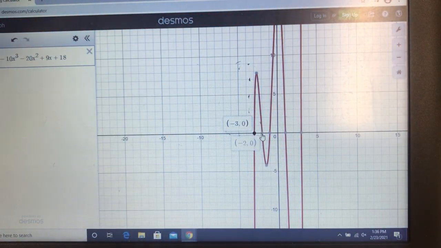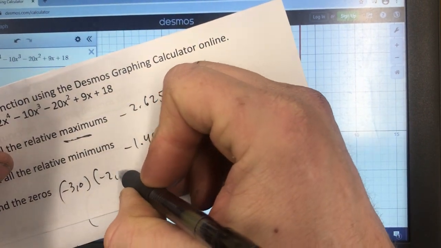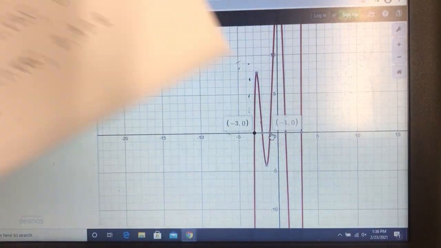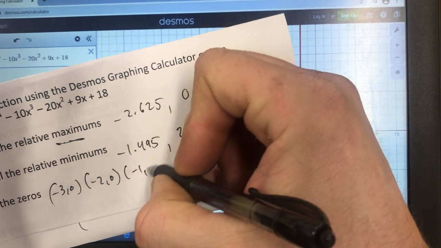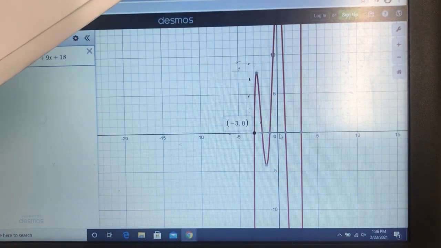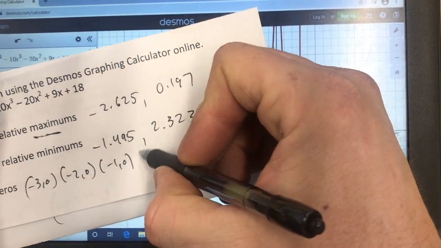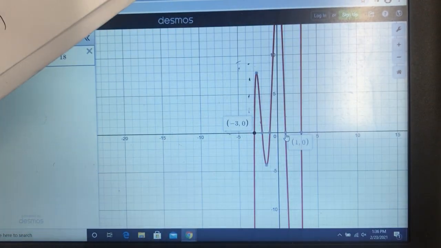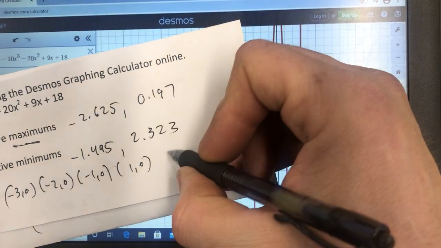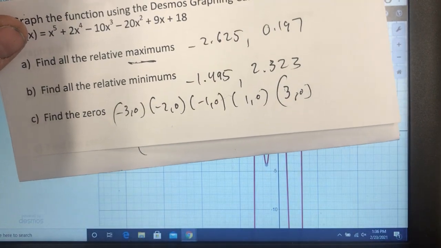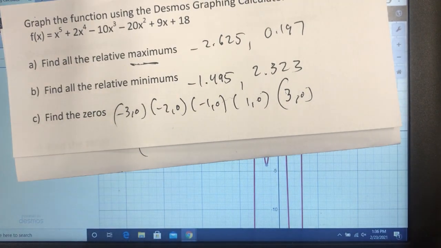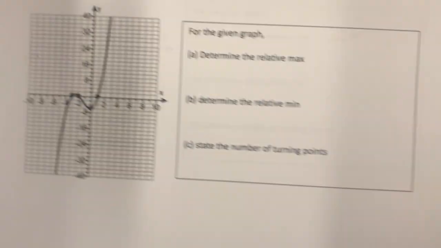Okay, right here we got negative 2, 0. Right there we got negative 1, 0. Right there we got positive 1, 0. And then we got 3, 0. And there's all my zeros. Okay. So that's using the Desmos. Now we go back to this.